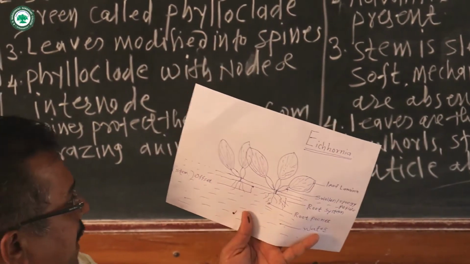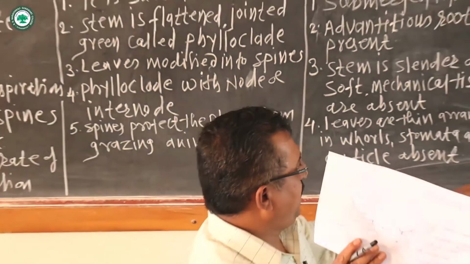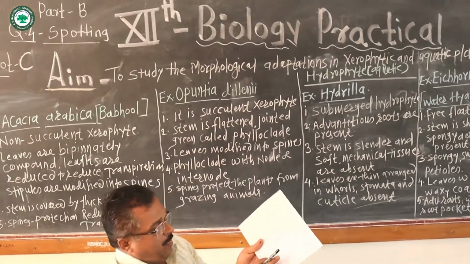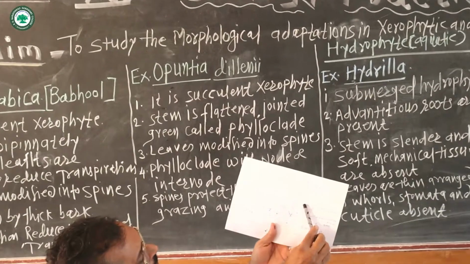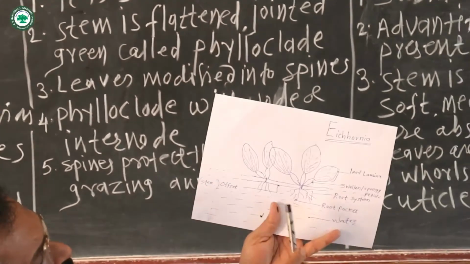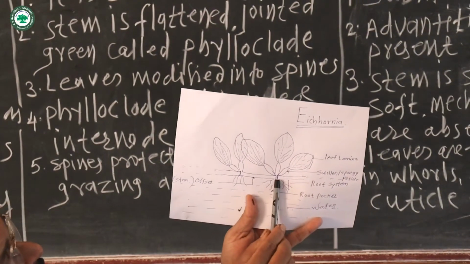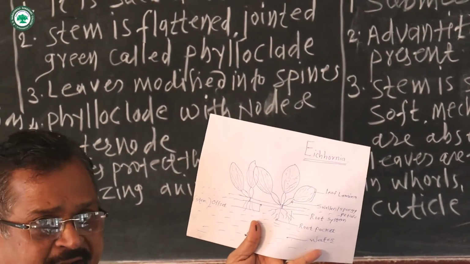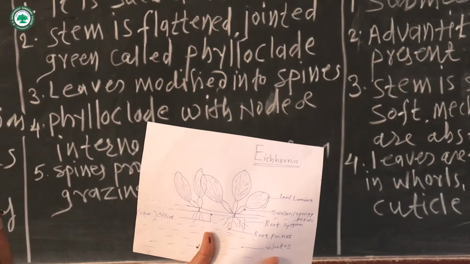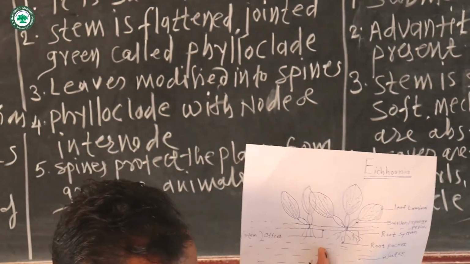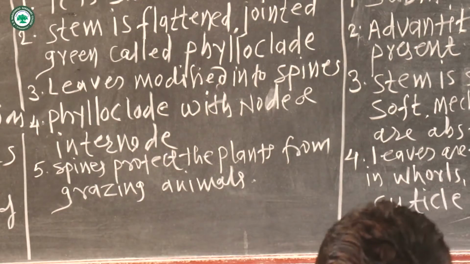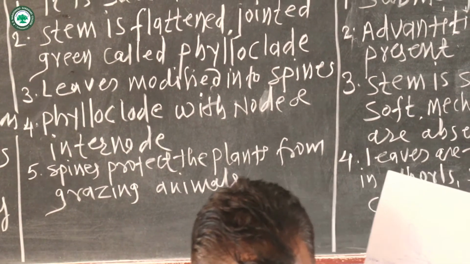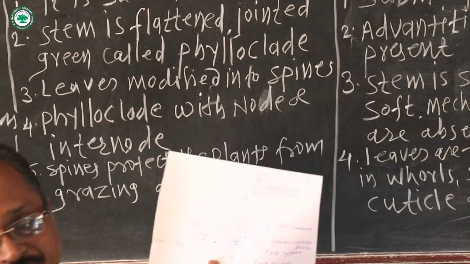Another characteristic feature of the plant is leaves with waxy coating. These leaves arise from the nodal region and are coated with a waxy coating to prevent the plant from decay, or rotting, or wetting of the leaves.